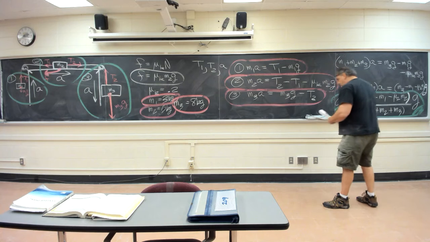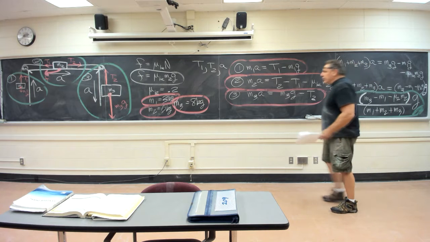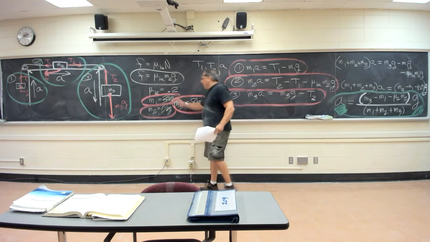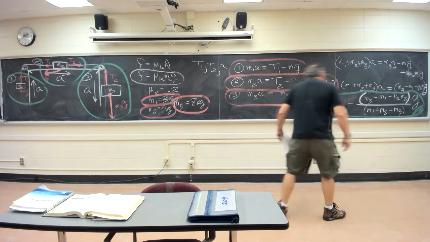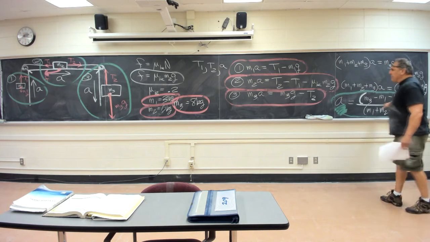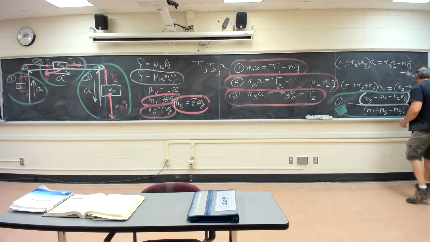There's a number of ways you can go about doing it. Again, they already told you what M1, M2, and M3 are. When you do this math right here, you're going to find the acceleration. Just plug in M3, M1, M2, and mu sub k.